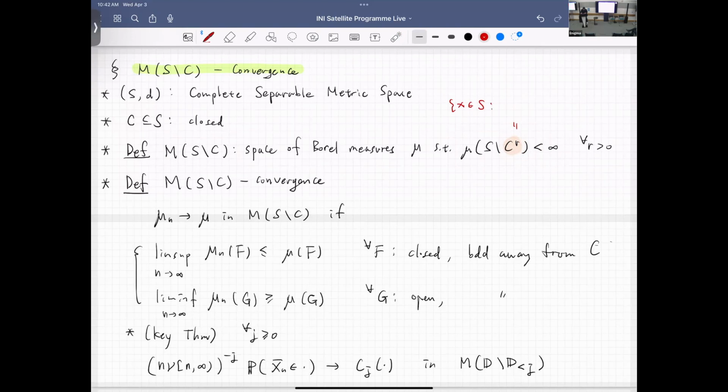Here it's the r-fattening of set C, so all the points that are within r distance from C.